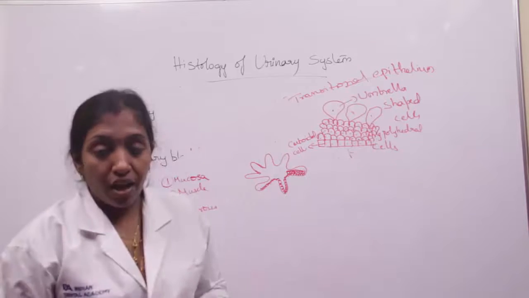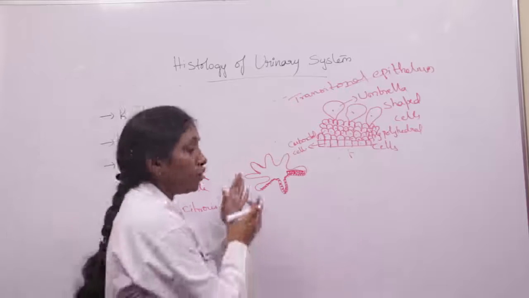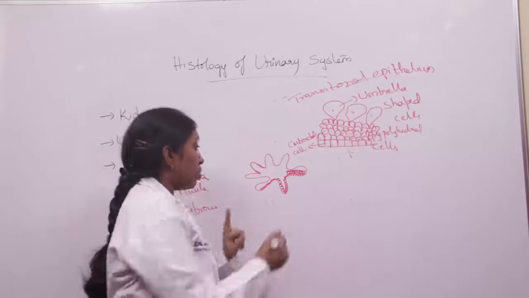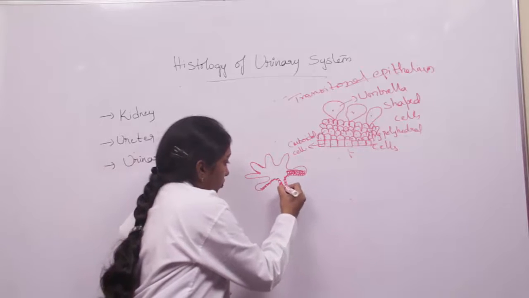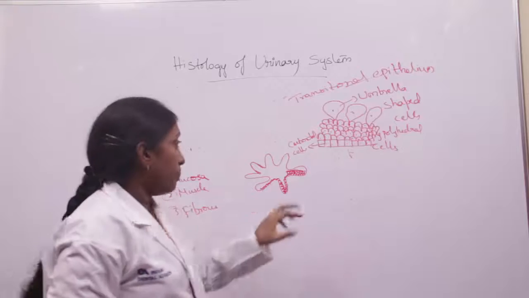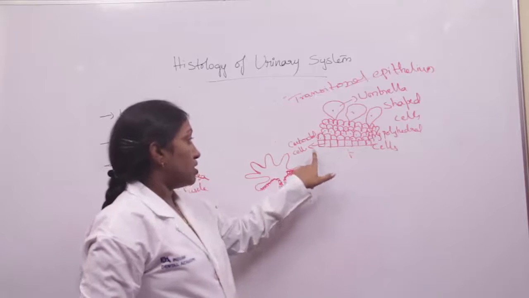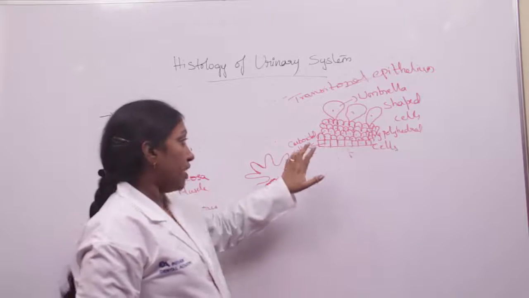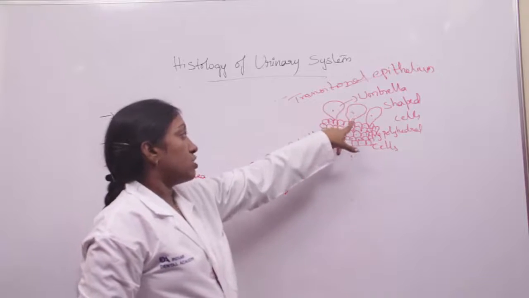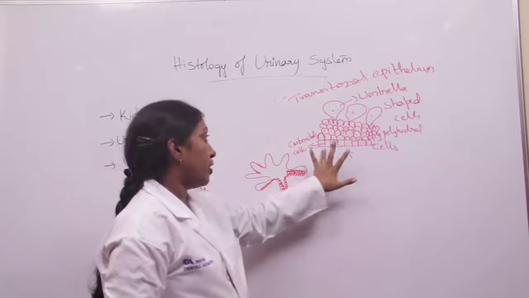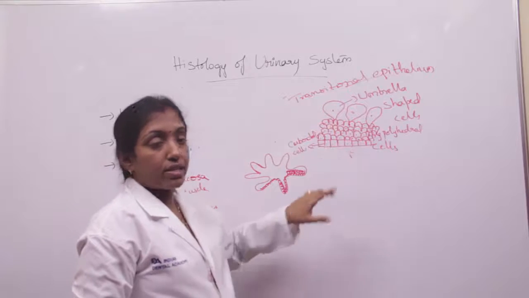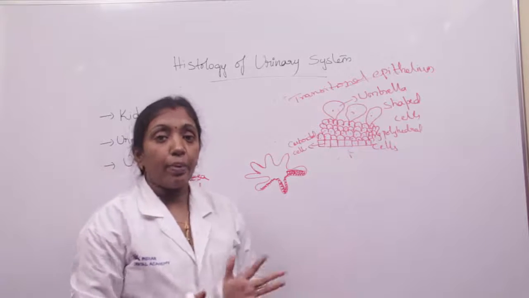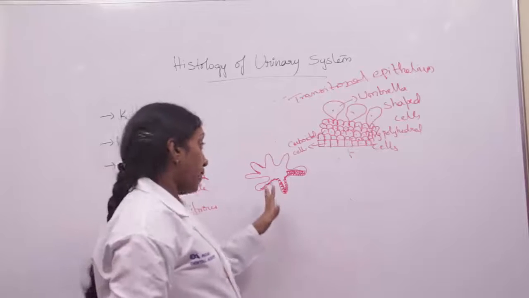The mucosa of the ureter is thrown into more folds, giving the lumen a star-shaped appearance. The mucosa is lined by transitional epithelium, which consists of inner cuboidal cells, 3 to 4 layers of polyhedral cells, and the outermost layer of umbrella-shaped cells.